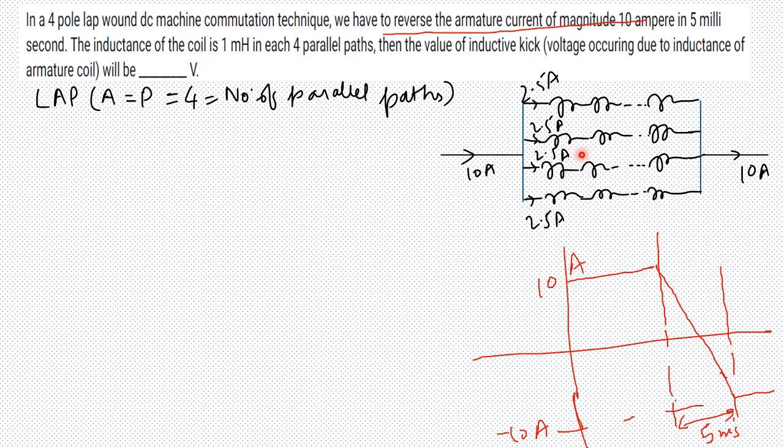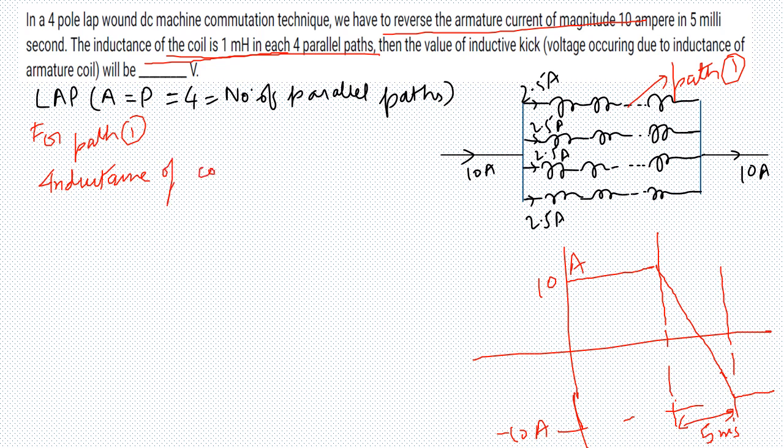Now what you can see is the inductance of the coil is also given to us, for each parallel path. So for each parallel path the inductance of the coil is 1 millihenry. So now we can name this one parallel path as path 1. So for path 1, inductance is equal to inductance of coil.